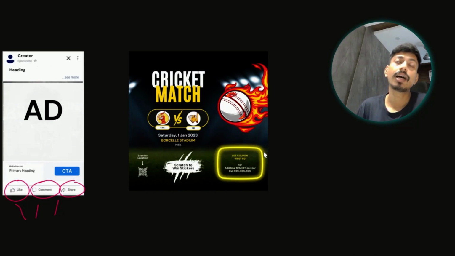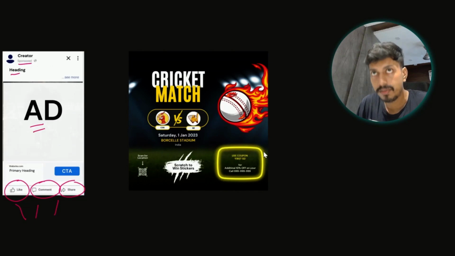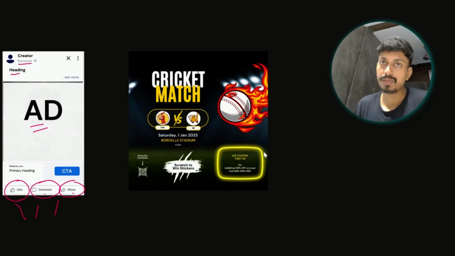These three things are present solely for engagement purposes. When you are running an ad, it has a sponsored sign on it. You have a heading, there is an image or a video, and these three things are there: like, comment, and share. Now, whenever someone likes your ad or comments on your ad or maybe shares your ad, what are they actually doing? They are engaging with the ad.